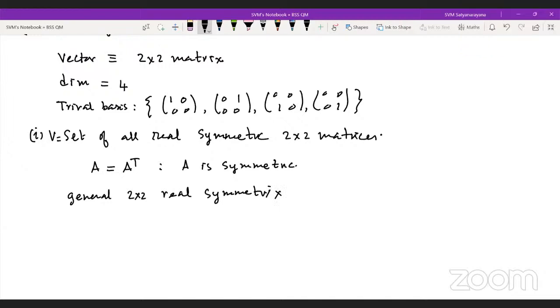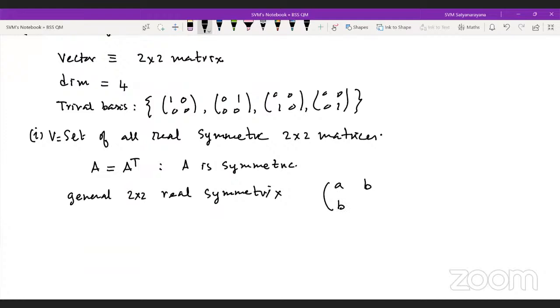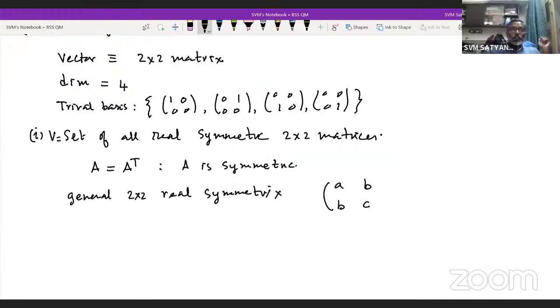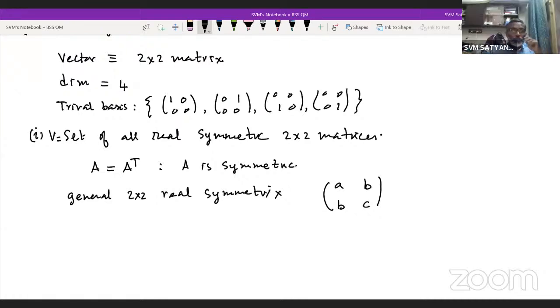A, B, B, C. Yes, we can write that. So this is the most general symmetric matrix.